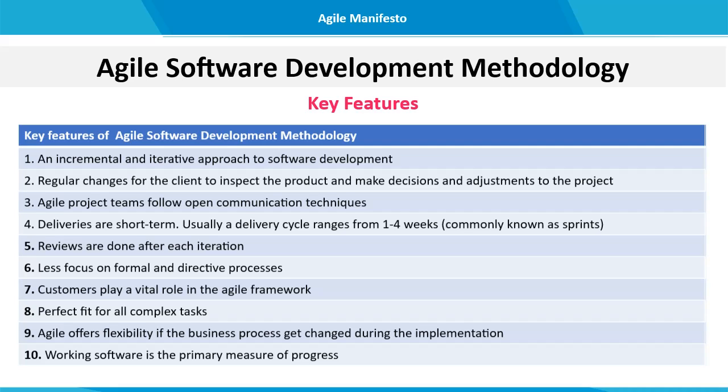It is a perfect fit for complex tasks. Agile is flexible if the business process changes during implementation. Working software is the primary measure of progress in Agile methodology.